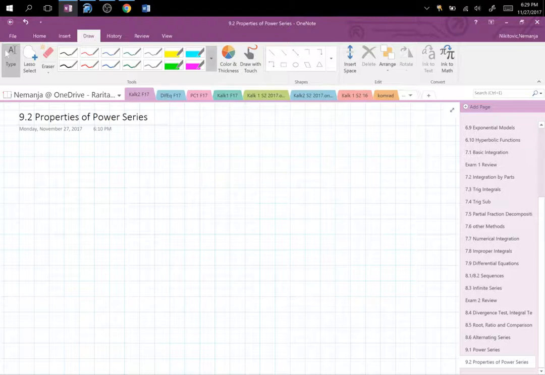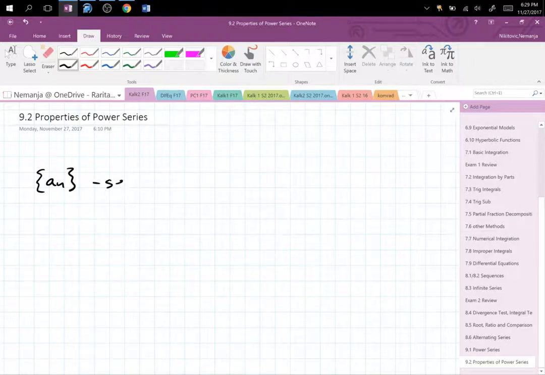In the beginning of that lesson, I said we have a sequence, a_n, which was the ordered list of numbers, and that behaves more as a number.